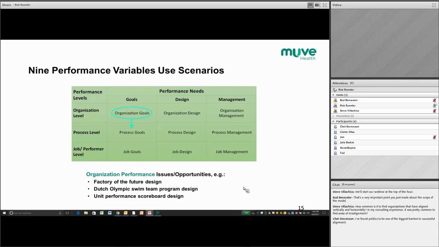So ultimately, we need to make sure that the wiring behind that scorecard is good, which means wiring down to the process goals, and then making sure there's a process design that can generate the results associated with those goals, and then making sure the organization design and job design fit with that, and ultimately job goals, before then looking at the management side.